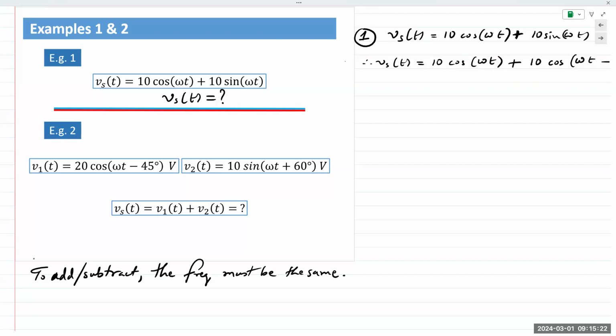So that's the absolute first step you should consider. In these examples, we are simply given omega. Omega value is not given, f is not given, but it doesn't matter because the frequency omega has no effect on the phasors. When you perform this mathematical operation, omega doesn't matter at all.